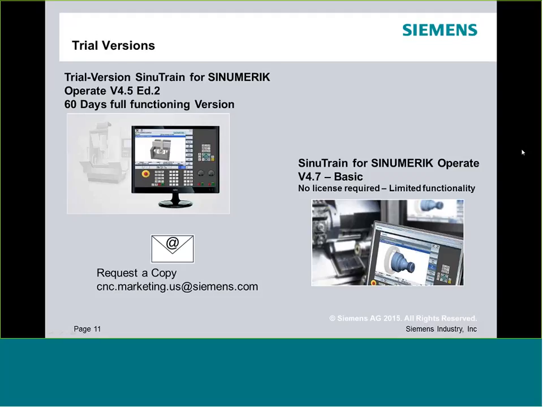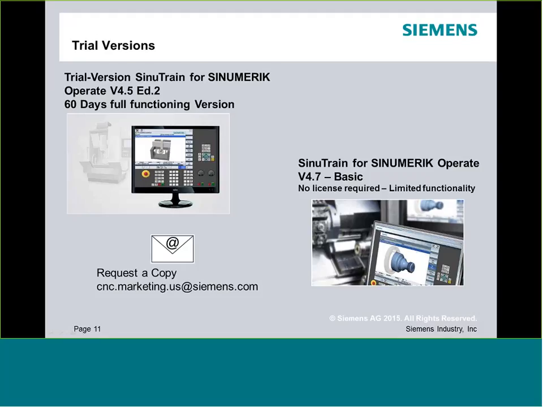Now, in either case, if you'd like to get a copy of the trial version, we have hosted it so you could download it online in the past. The problem is that the files are so big that it tends to be a very time-consuming process, and you tend to have a lot of hiccups trying to download it. So what we're doing now is we're actually sending you guys out free of charge physical hard copies.